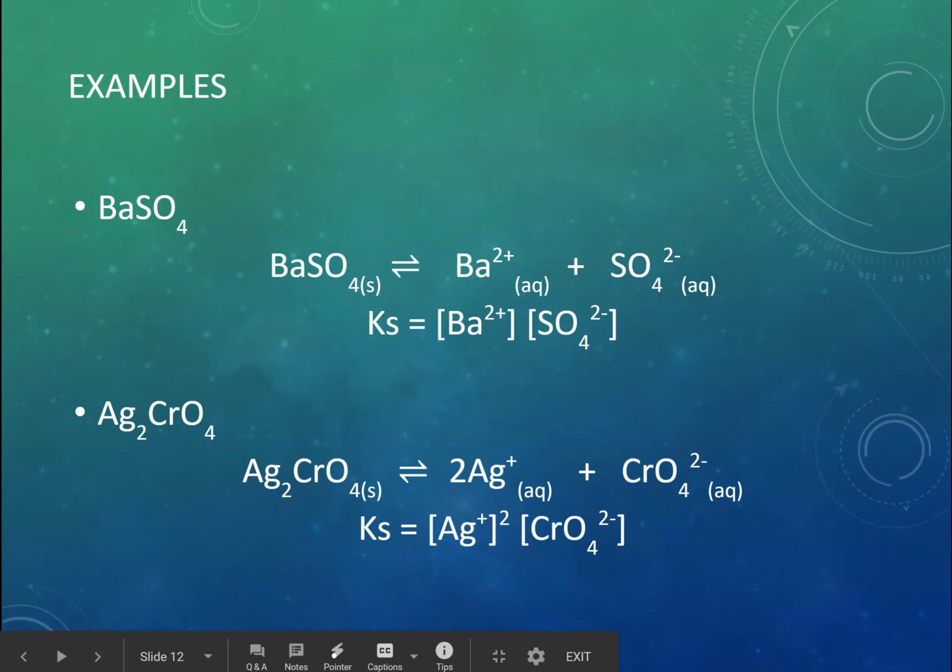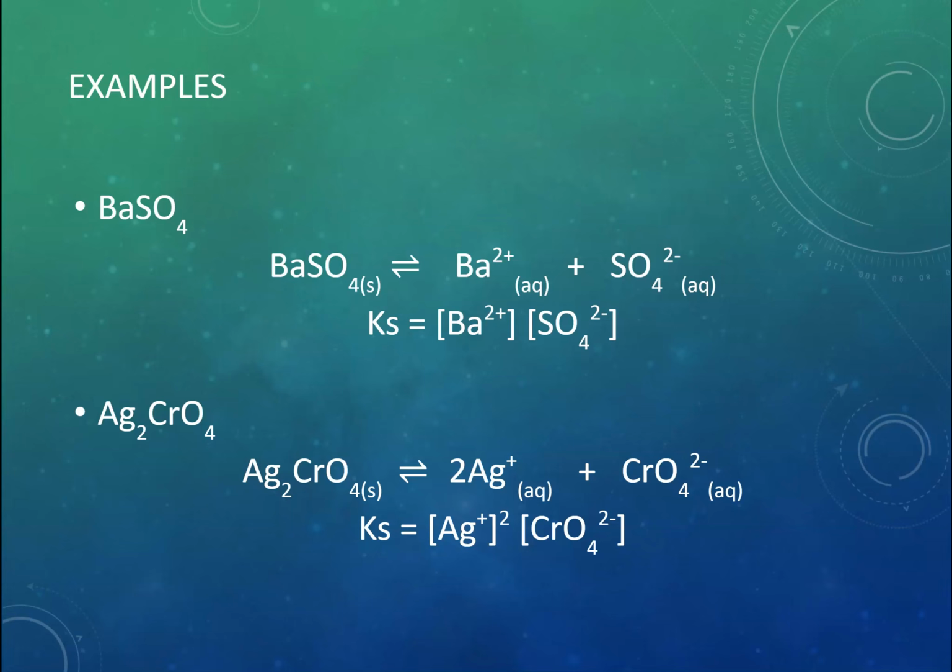Other examples: barium sulfate, so it makes barium ions and sulfate ions, and there's the Ks expression. Silver chromate. Now the biggest trick, or one of the things in this standard, you must know the charges on basic ions.